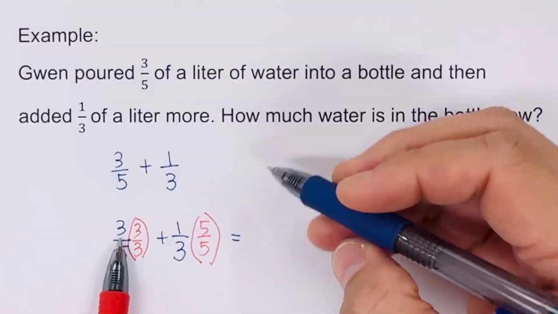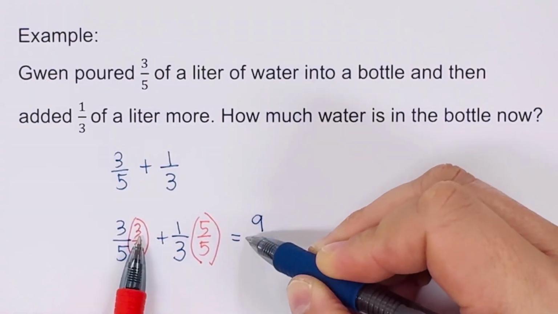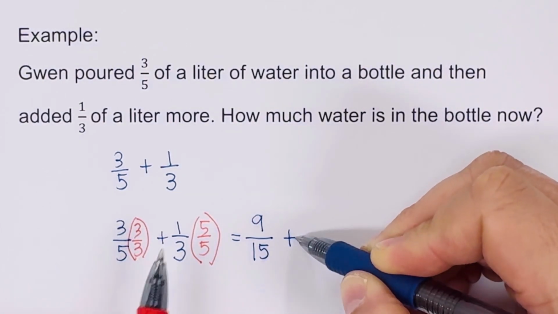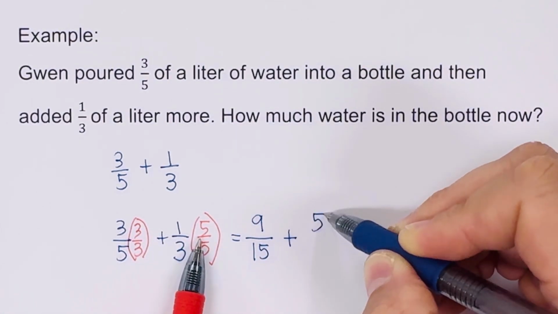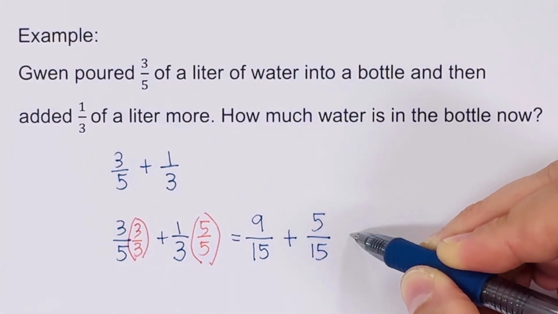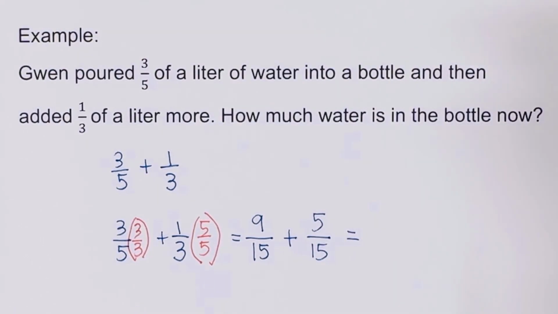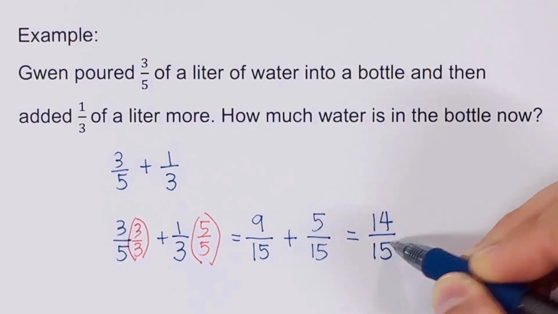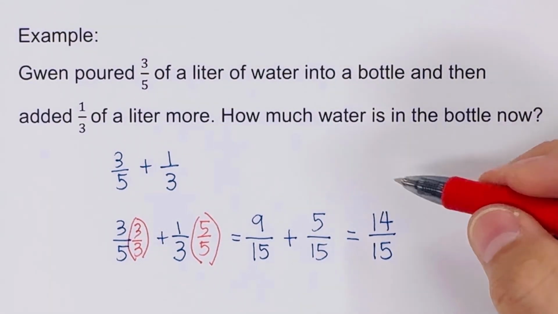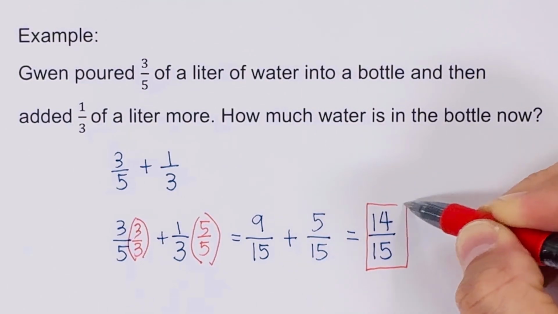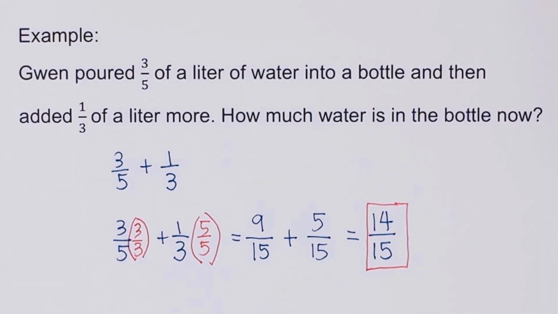We are going to multiply 3 times 3 is 9 over 5 times 3 is 15, plus 1 times 5 is 5 over 3 times 5 is 15. So we now have the same denominator. 9 plus 5 is 14 and the common denominator is 15. So this is the total amount of water inside the bottle. So that is how we add fractions using the giant 1 method.